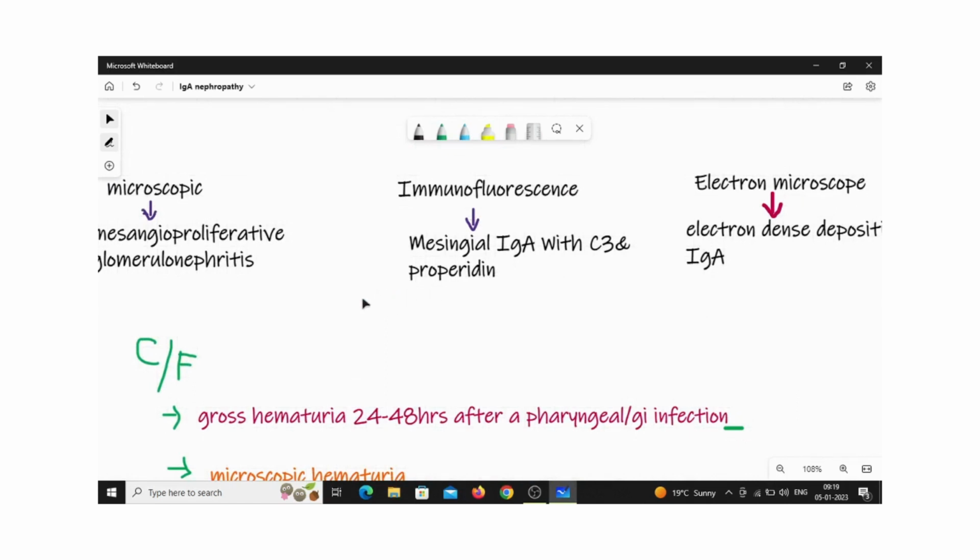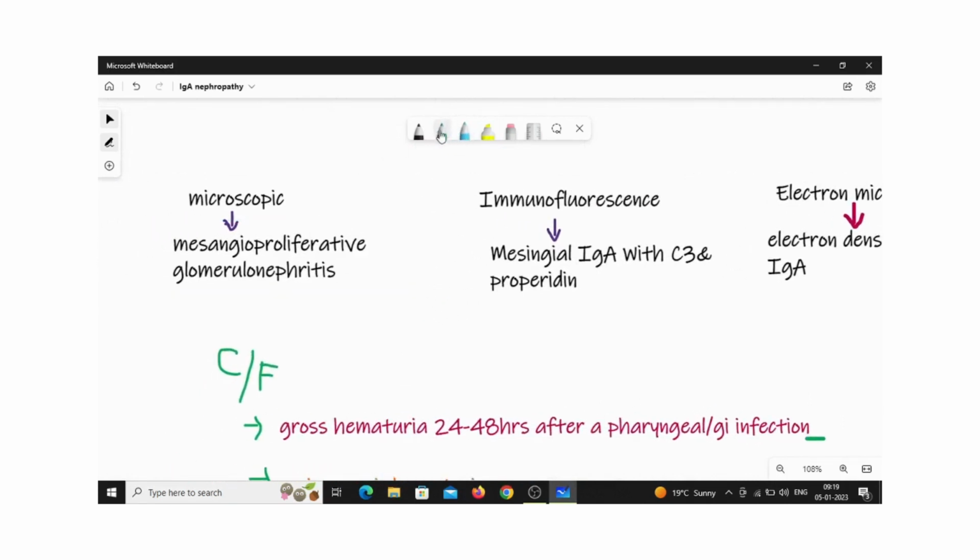So in microscopy, microscopy means a biopsy test. We collect a small piece of kidney and put it under the microscope. You will see that there is mesangioproliferative glomerulonephritis. And in immunofluorescence, there is mesangial IgA with C3 and properdin.